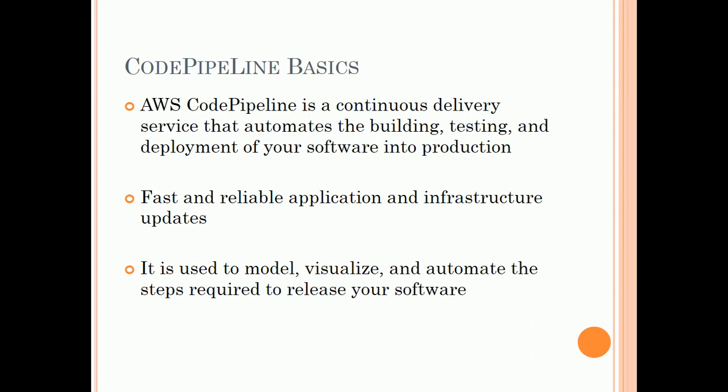We can quickly model and configure the different stages of a software release process. AWS Code Pipeline automates the steps required to release software changes continuously. We only have to pay for what we use. There are no fees or commitments required.